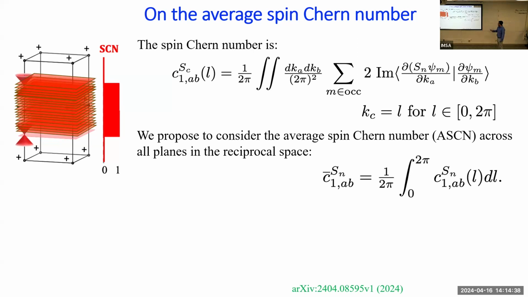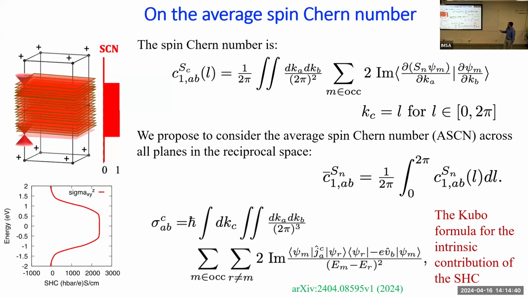In this case, the idea is to compare these results with the Kubo formula results in 3D materials. Is there some relationship between the two of them? The answer is yes, there is a connection between these two quantities.